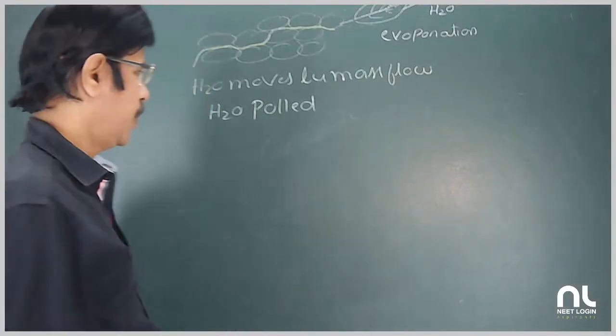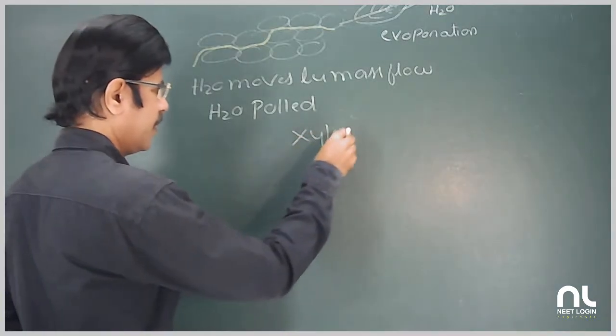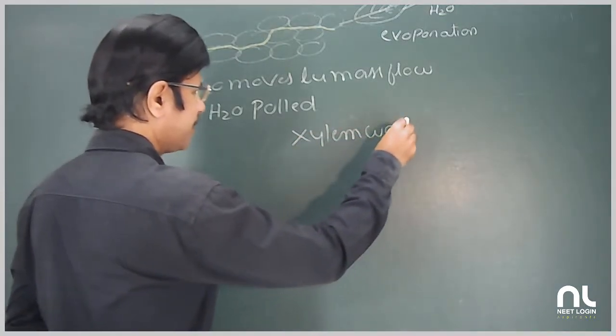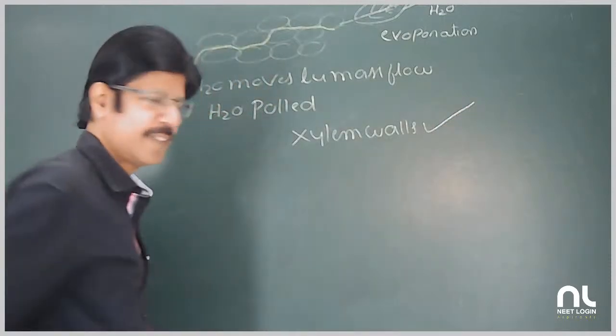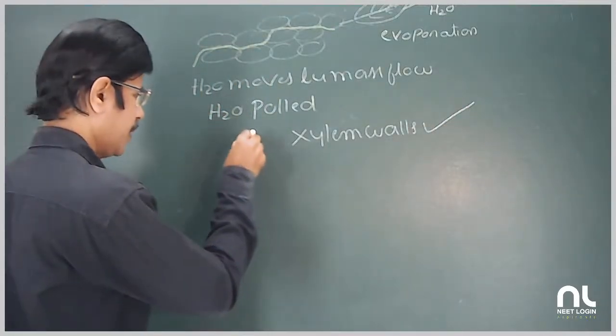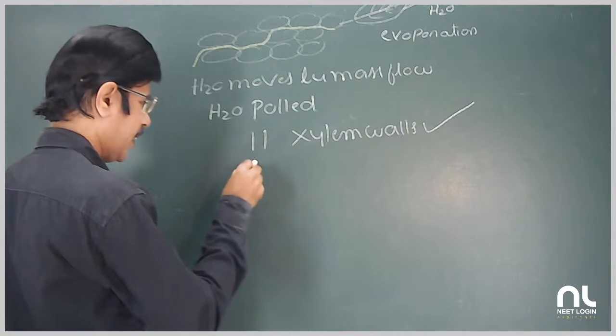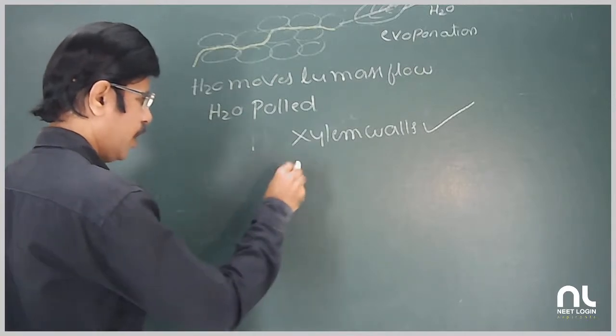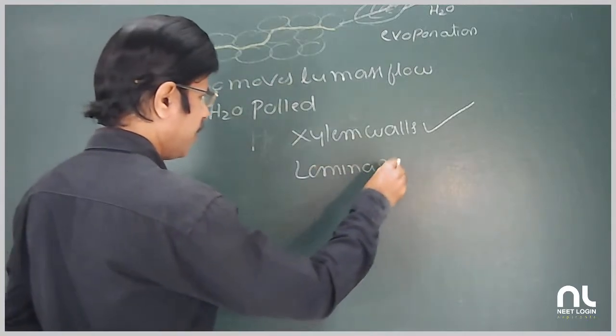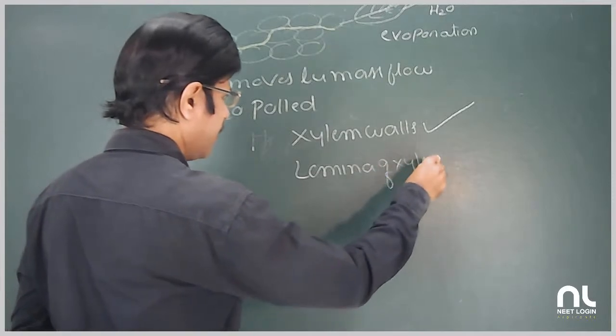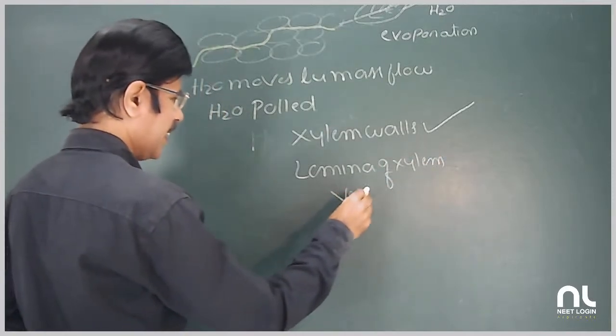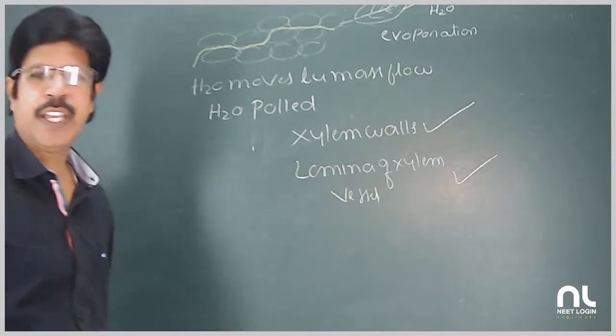So in xylem, the walls are apoplast. Okay. The lumen of the xylem vessel is also apoplast.